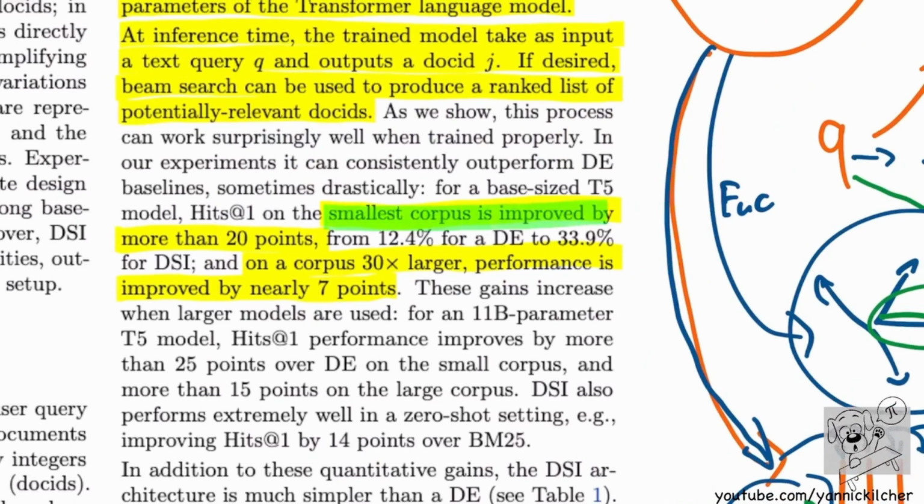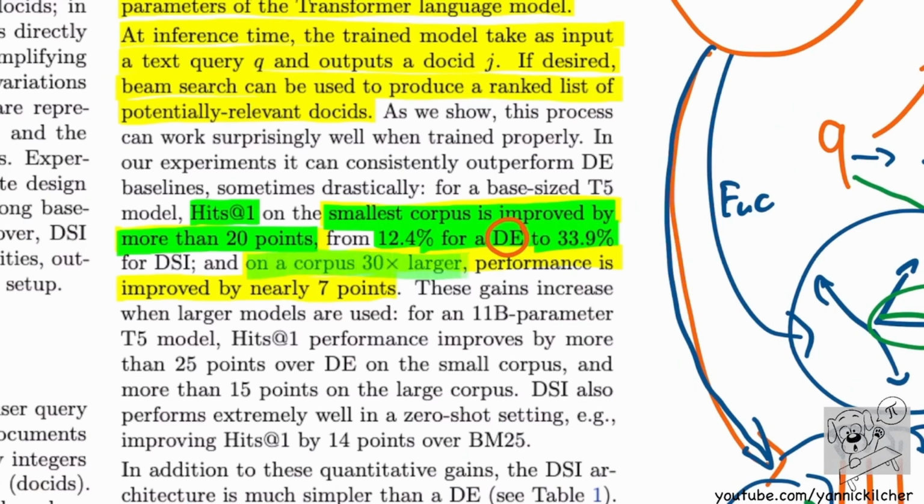On the smallest corpus, this method improves the hits at 1, which means whether the top hit is the correct one, by more than 20 points, from 12.4% for a dual encoder. So the baseline here is a dual encoder, where there are two encoders and they each output an embedding, to 33.9%. That's a giant gain, right? That's like a 2.5x improvement.